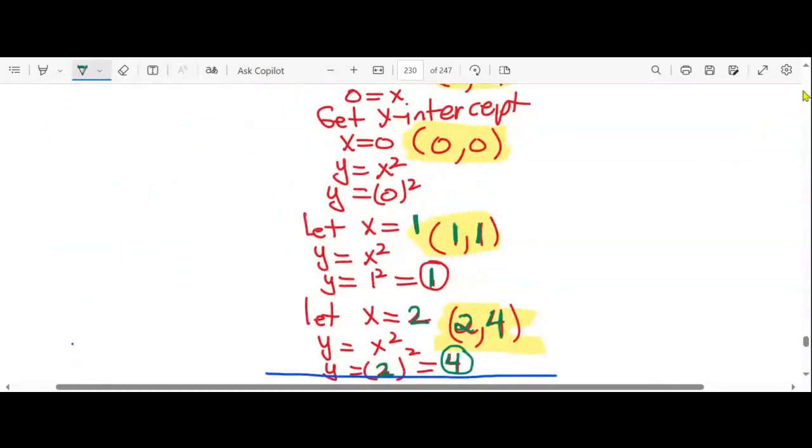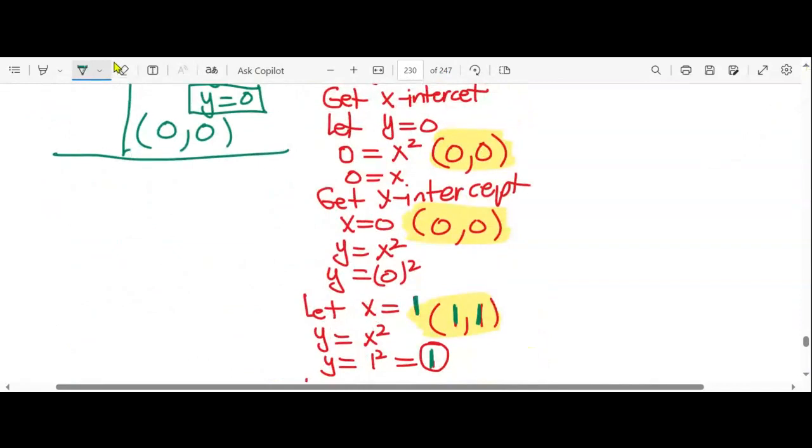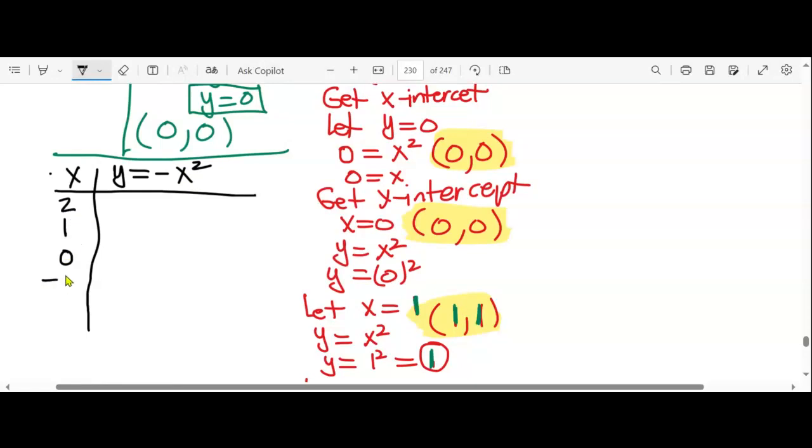Now we're gonna need to make a table. Okay, this time I'm gonna do a table. And in this table, we'll have values for x and values for y. So we're going to use 0, 1, 2, -1, -2.